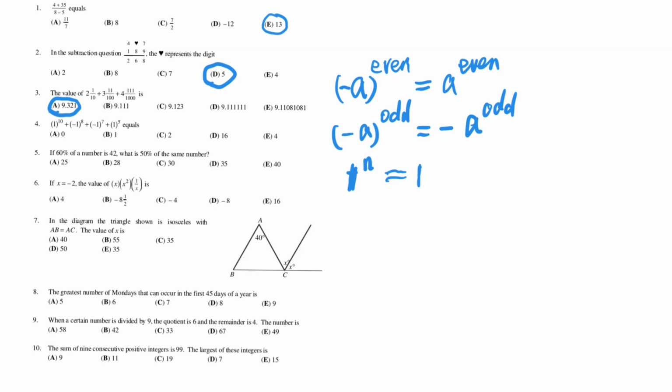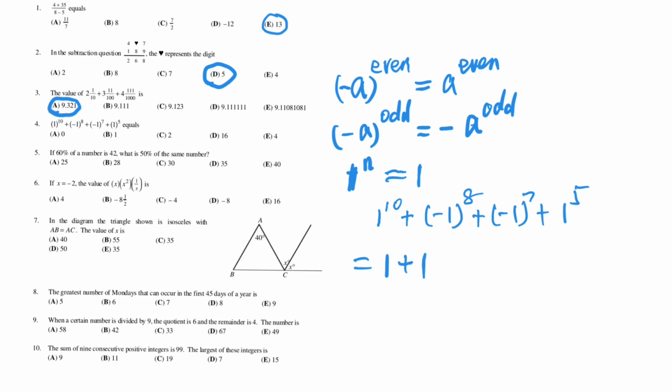So in that case, 1 to the power 10 plus negative 1 to the power 8 plus negative 1 to the power 7 plus 1 to the power 5. 1 to the 10 is definitely 1. Negative 1 to the even power 8 gives us 1.